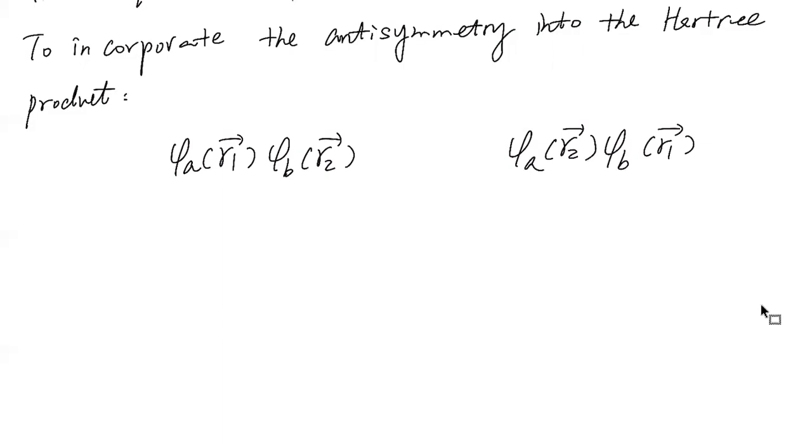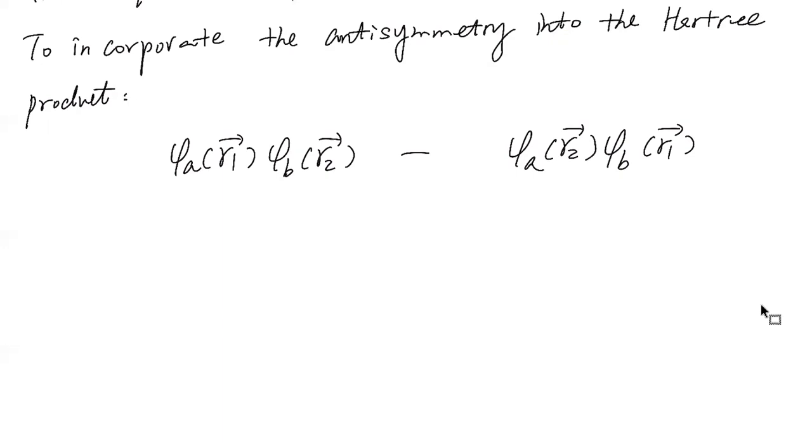You're exchanging the label. So R1, R2 becomes R2, R1. Now, you do a linear combination of these two Hartree products. In particular, because of the antisymmetry of the overall two-particle wave function, you should use a negative sign to connect these two Hartree products.